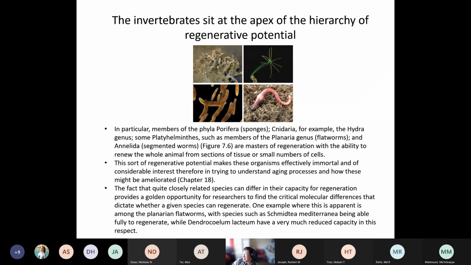If you cut them, sometimes they can regenerate the whole half of themselves. So basically, all the creatures listed here are good model systems, except maybe the last one, the segmented worm. We don't usually use the segmented worm as a model system to study regeneration.